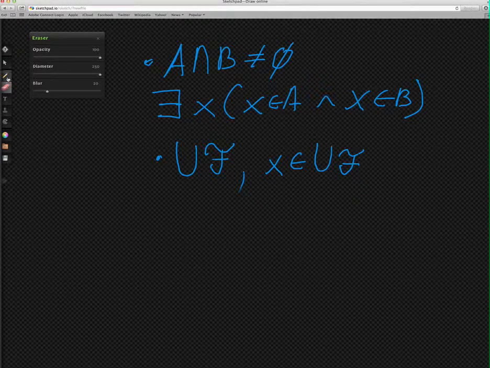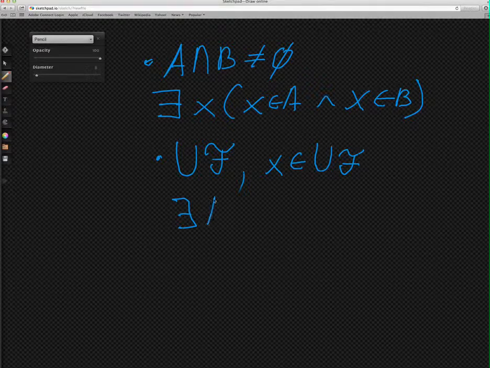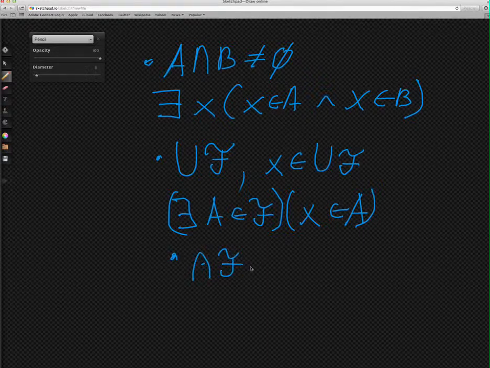This is actually a union, so this means that there exists some A in the family of sets F such that X is an element of A. Now the definition that I wrote previously is actually the one for the intersect of the family of sets.